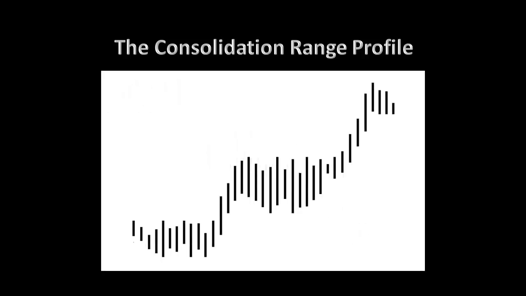Now, just as simple as it was to illustrate a bullish market environment and using consolidation range profile, when we have a trading range or consolidation, we want to be looking for the clues that indicate where price will move next. We do not chase it once it starts running.